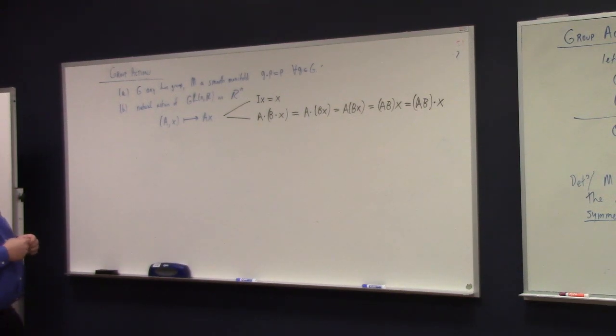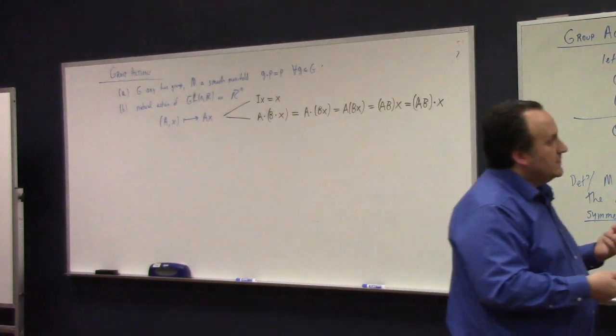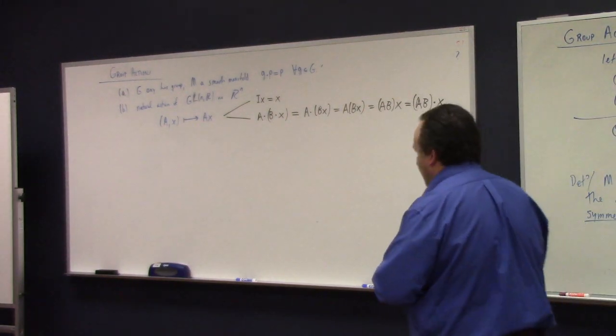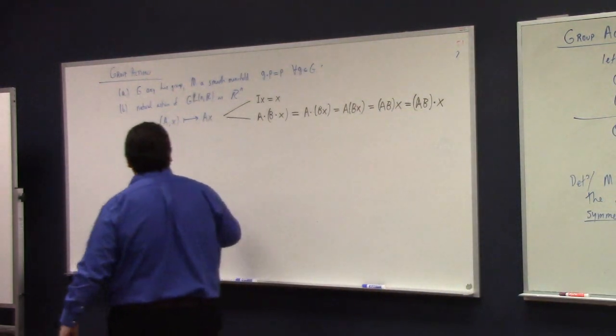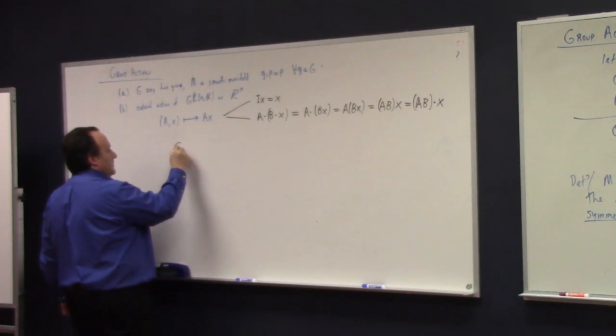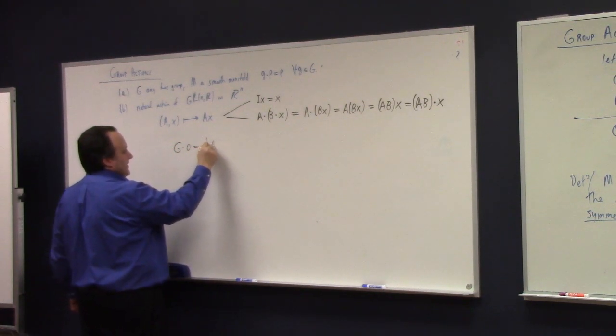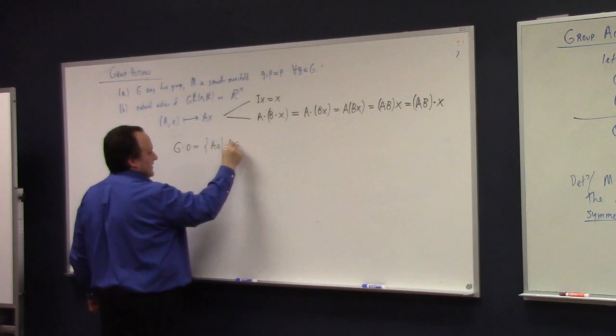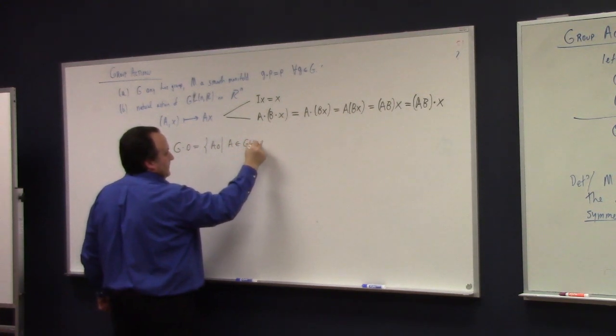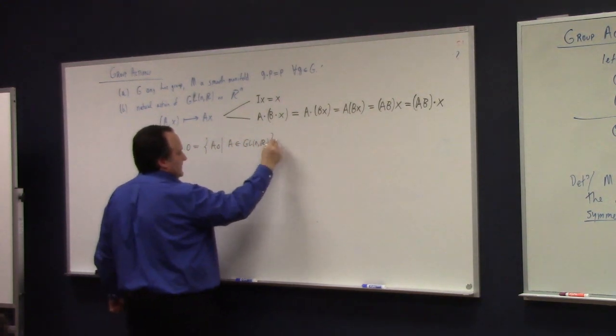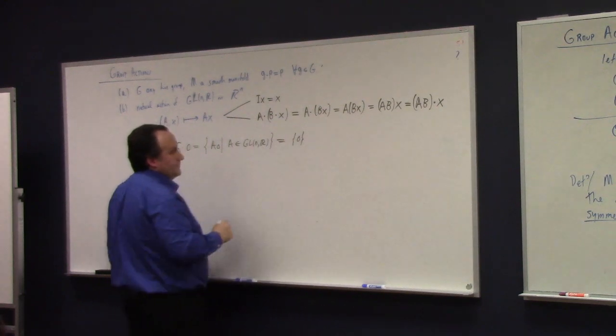If we think about the orbit of 0, what happens if you multiply 0 by a matrix? G dot 0 is equal to A times 0 such that A is in GLn, which is just the set containing 0.